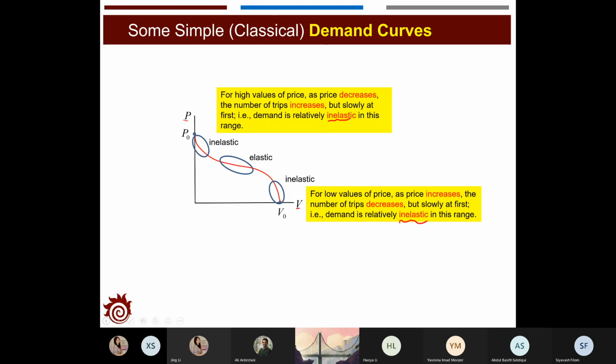But in another case, when the price is extremely low, say the price is only $5, there will be a lot of people who would like to go to the theme park, say 1,000 people every day. If you reduce the price from $5 to say $2, that's a very huge percentage reduction in the price.